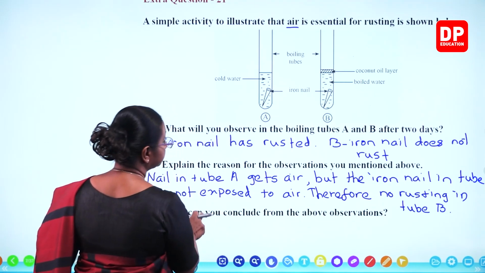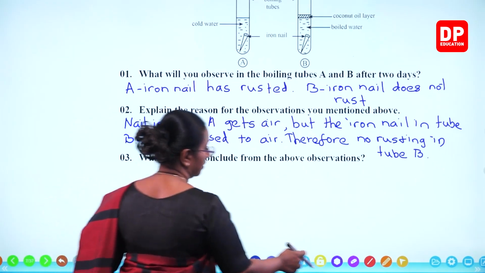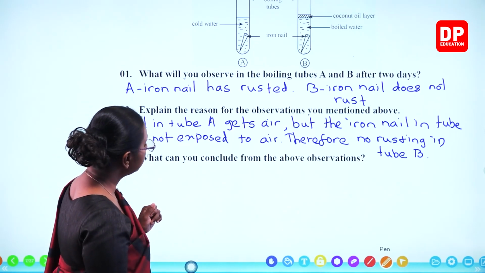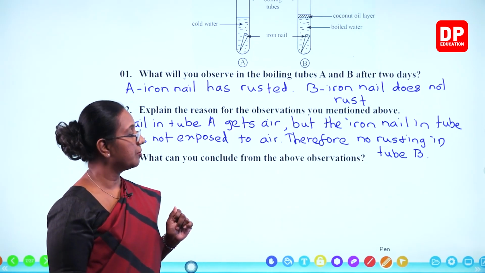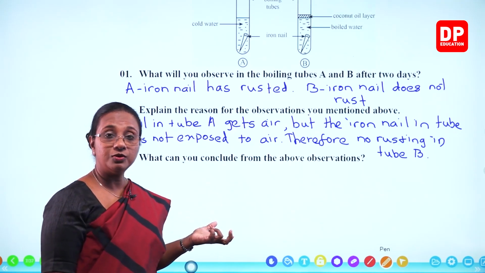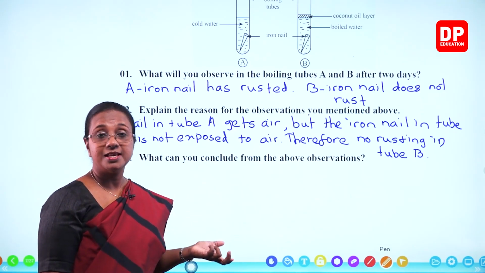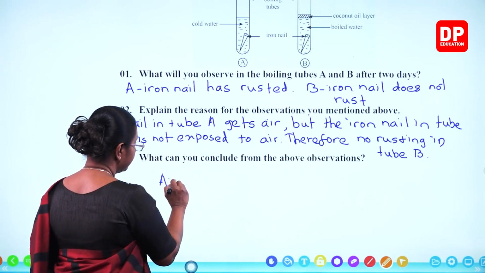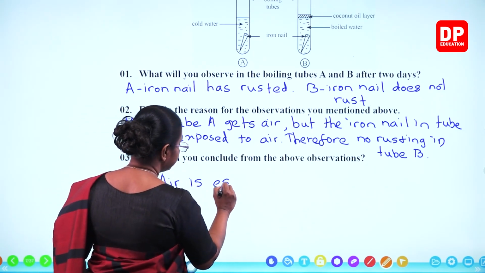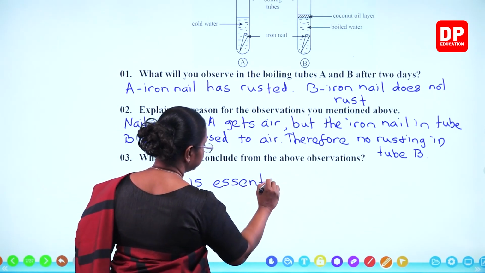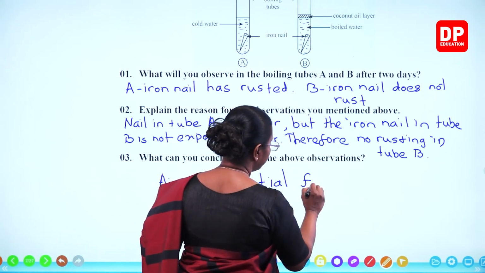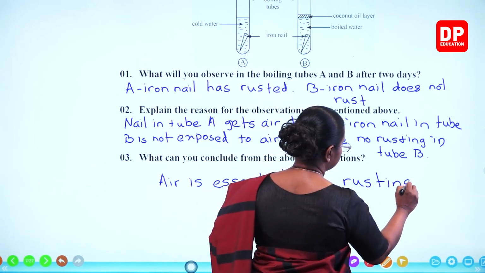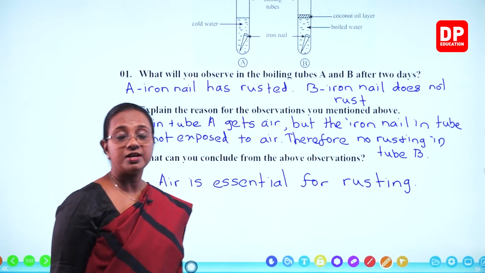Then, from the observation, the third one, what can you conclude from the above observation? What can we conclude? Air is essential for rusting. Air is essential for rusting.